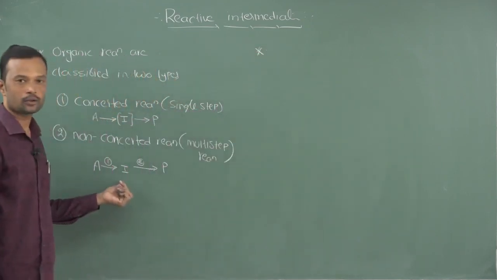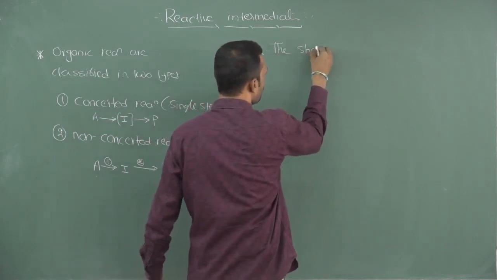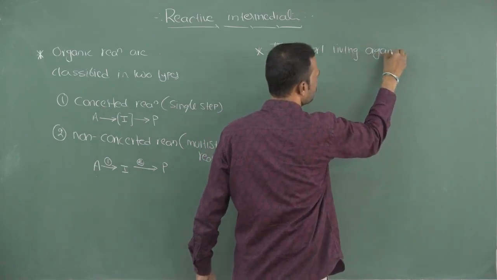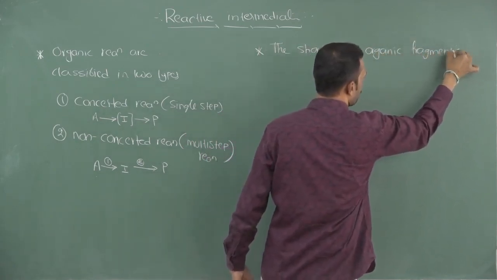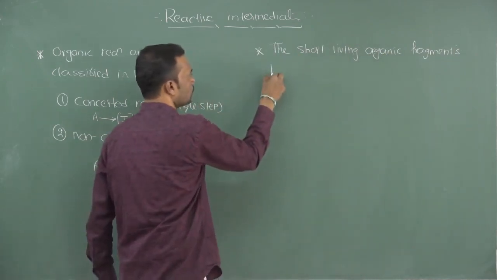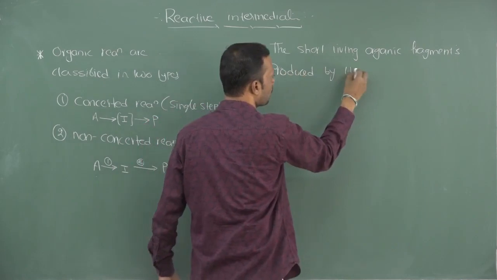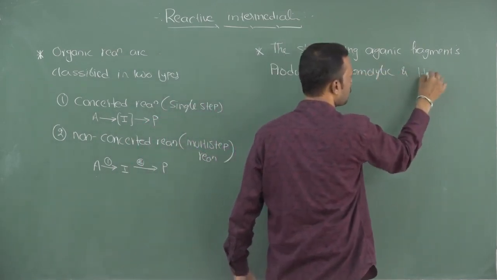Now, what is a reactive intermediate? Reactive intermediates are short living organic fragments. How are they produced? They are produced by homolytic and heterolytic fission.